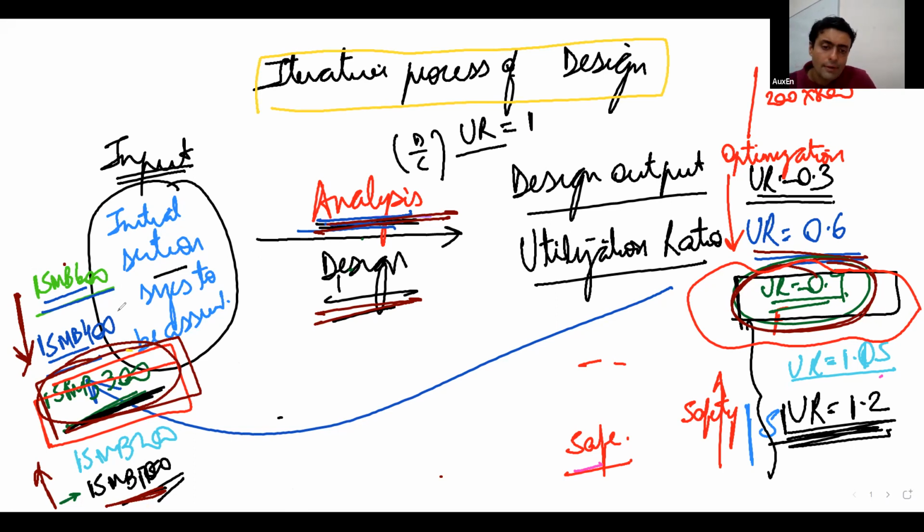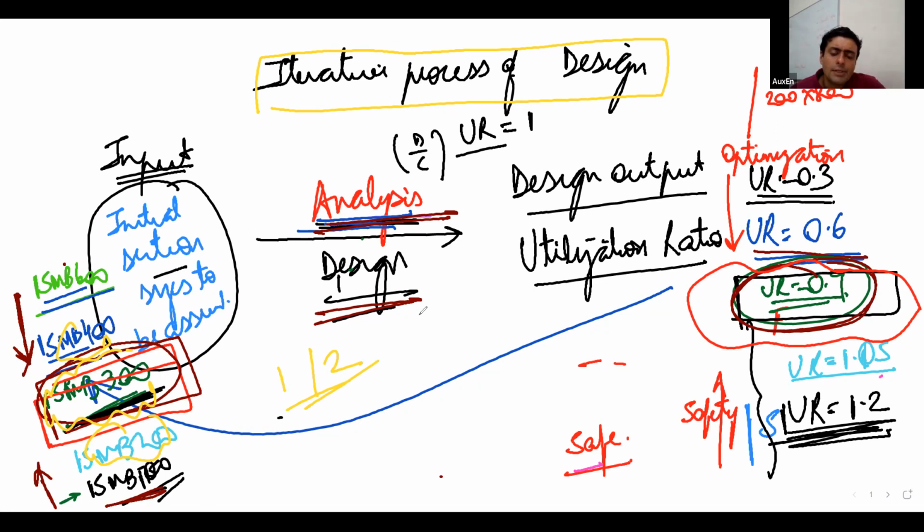Just by looking at the structural system and the loads that are going to be applied on the structure, he or she may figure out that around, let's say, 400 or 300 or 200 may be the size. So he or she may be able to do this work in, let's say, 1 iteration or 2 iterations.